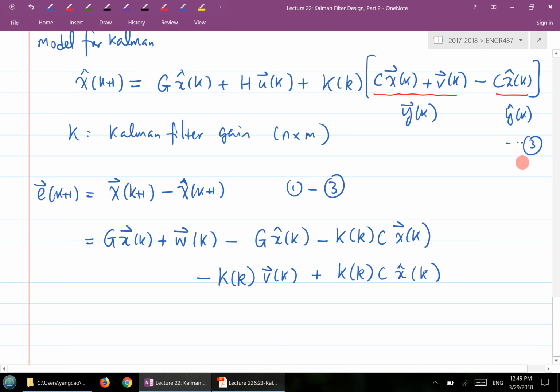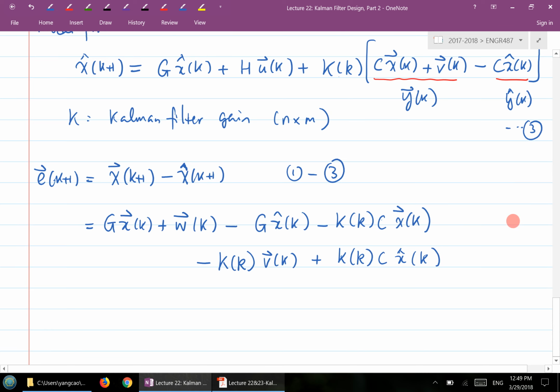Good. So now I'm going to group things a little bit. I'm going to group all of the terms that have x of k. If you group x of k here, this is G minus K times C. And if you group x hat here, what do you get?